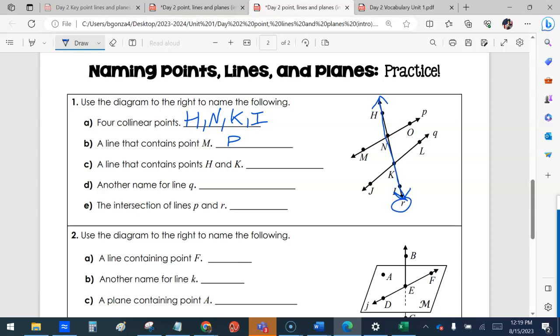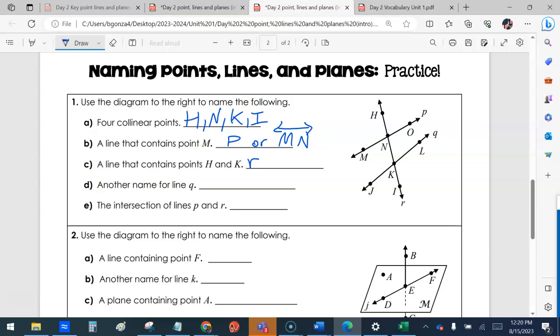The name of it is R, right? Now for both of these, let's go ahead and get another name for it. So back to the letter B. Line P, what are 2 points on this line that we could name it? Okay, M and N. So another way to say line P is MN with a line on top. Okay, see how that works?